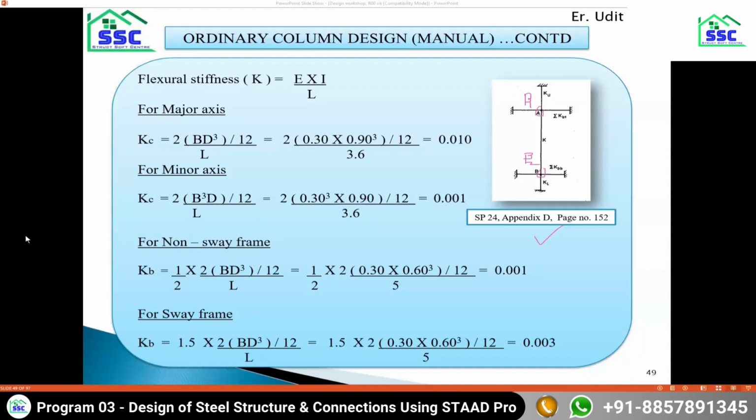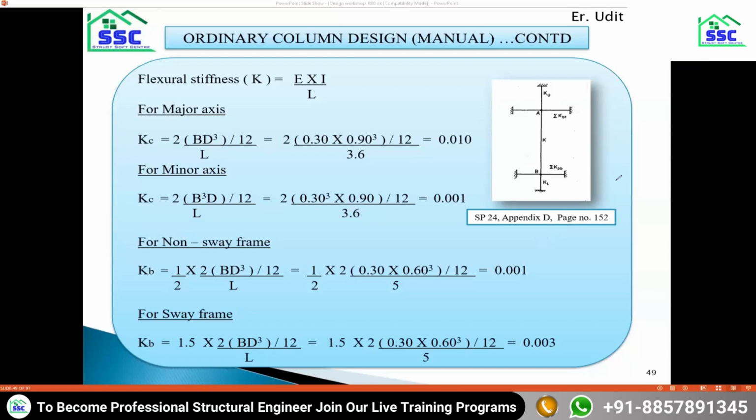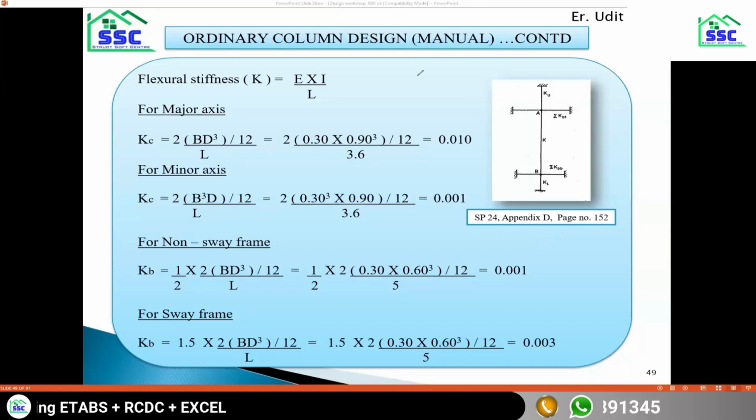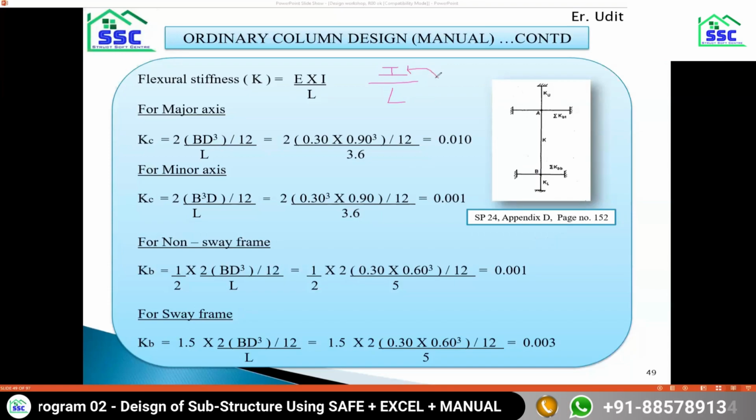But in our case, both the values will be the same because our beams framing into the column are of the same size. I am saying of the same size only. Right now, I am not saying anything about the reinforcement inside the beam, because the flexural stiffness formula itself is I by L. And I, my friend, is a pure sectional property of the beam, right?